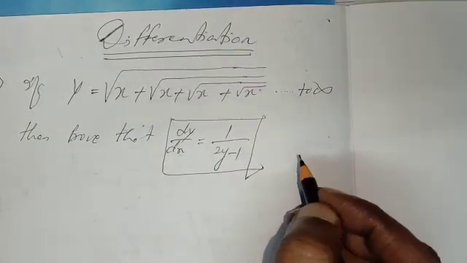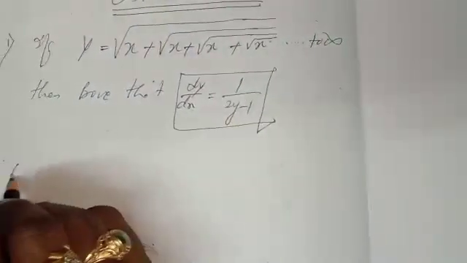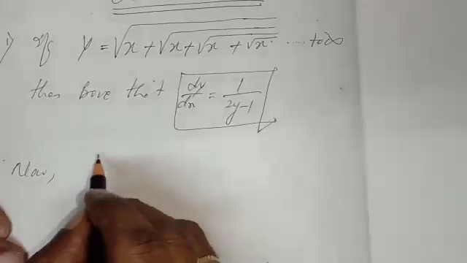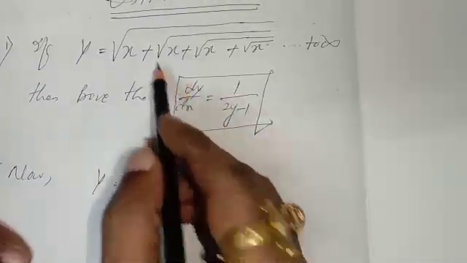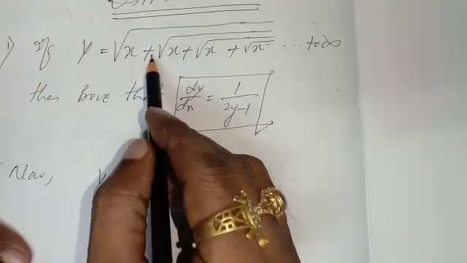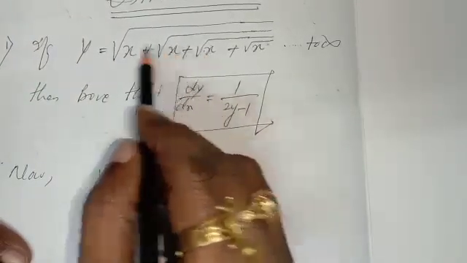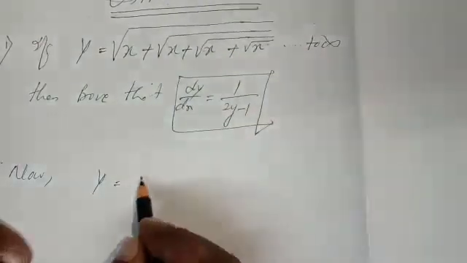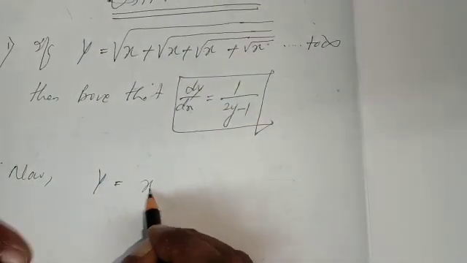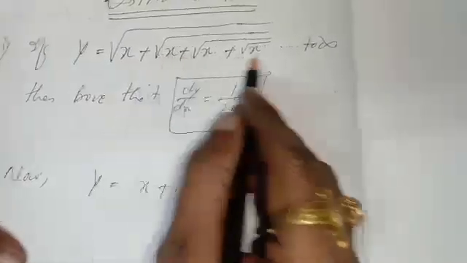Okay, now very carefully follow the question type, what is given. y is equal to root over x plus root over x plus root over, like this it is continuous, whole root over like this is given. If it is given up to infinity, then I can write here y is equal to root over x plus y. This total also can be replaced by y.